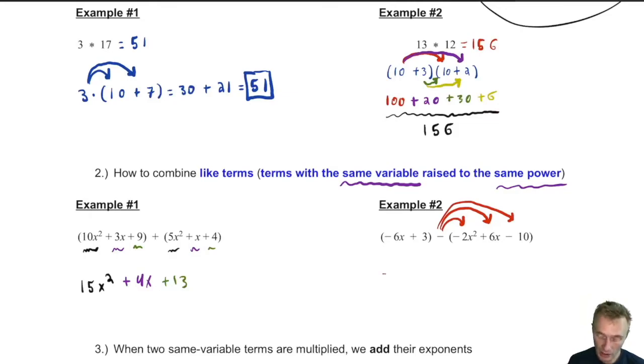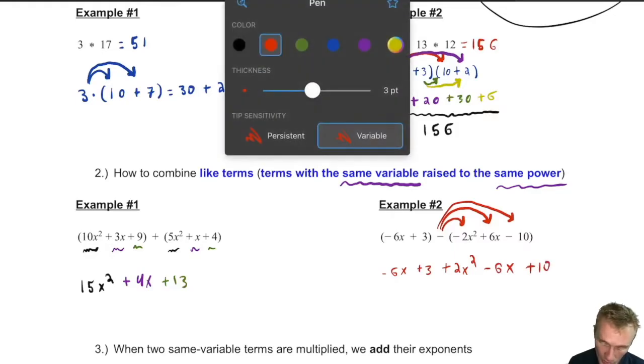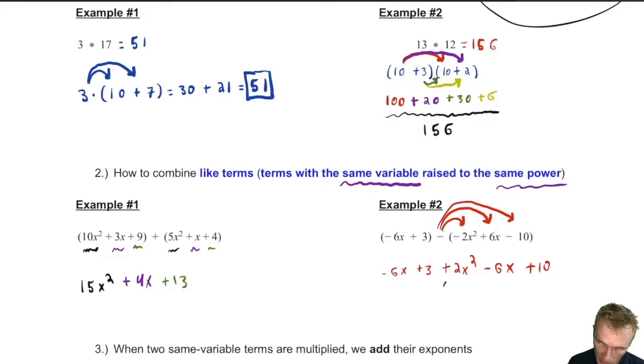So we would have negative 6x plus 3, and then we would distribute that negative. Negative times negative 2 is going to be plus 2x squared. Negative times 6 is minus 6x. Negative times negative 10 is plus 10. And so I would just go through. I'd like to put this in the correct order from least to greatest exponent. We start with 2x squared.